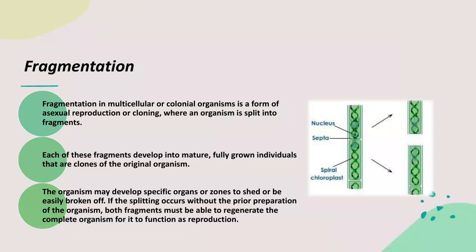The organism may develop specific organs or zones to shed or be easily broken off. If the splitting occurs during the preparation of the organism, both fragments must be able to regenerate the complete organism for it to function as reproduction.